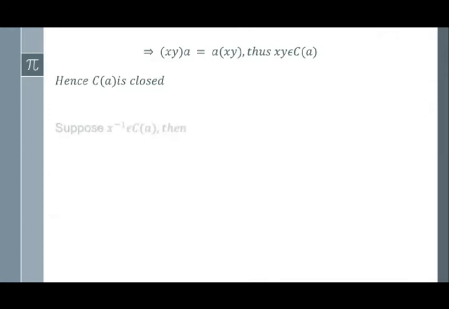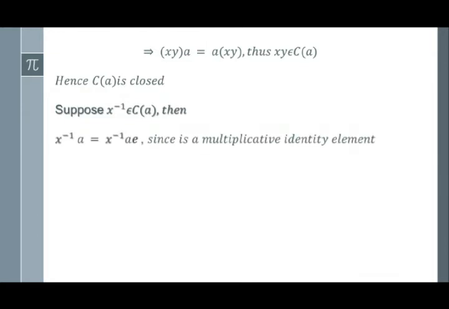And then now let's suppose we have x inverse is an element of C(A). Then we have x inverse times a is equal to x inverse times a times e, since e is a multiplicative identity element. And then we have x inverse times a is equal to x inverse times a times x times x inverse, since e is equal to x times x inverse.